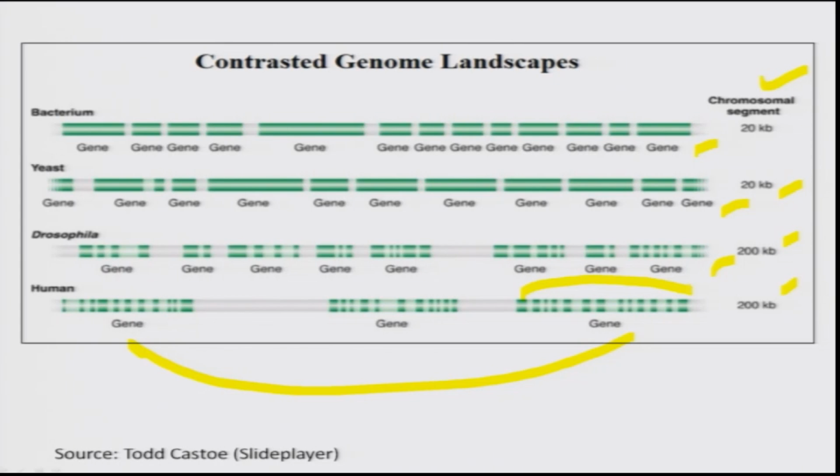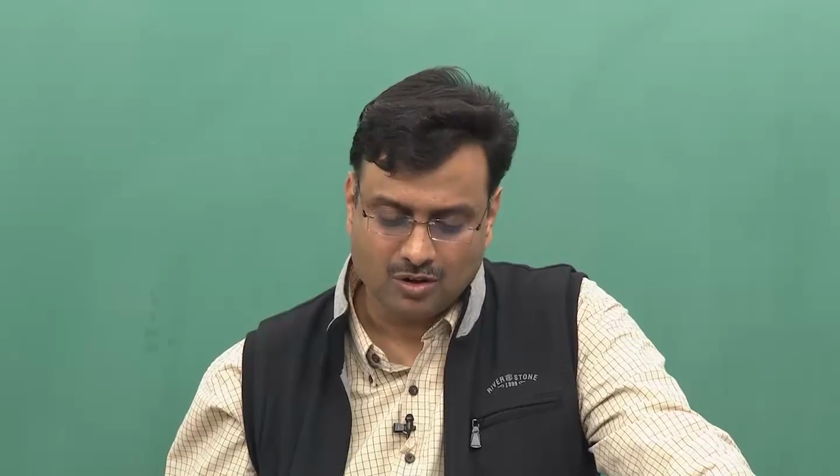In other words, the number of genes did not change really dramatically across species, but it is the other DNA, the so-called non-coding DNA in the genome, that is anomalously increased, and therefore it possibly has some strong control over how the genome functions.